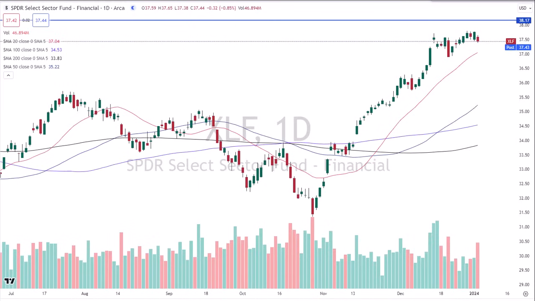XLF today, the financial sector down about on par with the SPY. No big deal. We're not going to make a federal case out of it. They're still above all the moving averages, even on the daily chart. Trend is your friend until it's not. From a chart perspective, we use the term relative strength in the financials against other markets, other indices, other sectors.